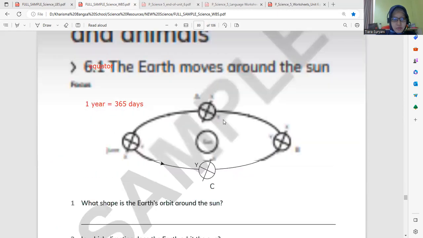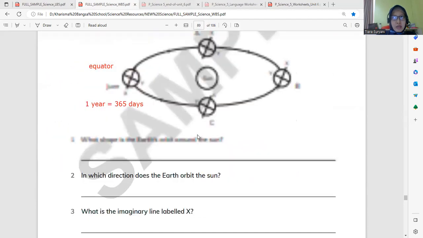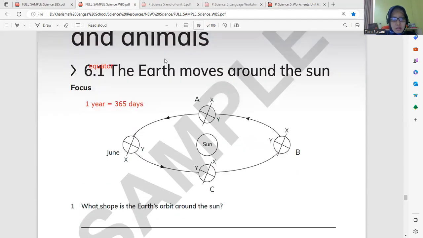Then find the position of Earth in June. Like I told you before, C, B, and A. 1 year equals 12 months, and we divide this 1 year into 4. So it's 3 months, 3 months, 3 months, and 3 months. 3 months after June is July, August, September.